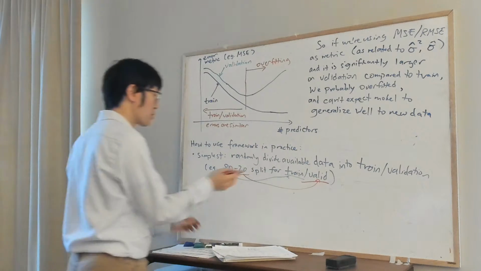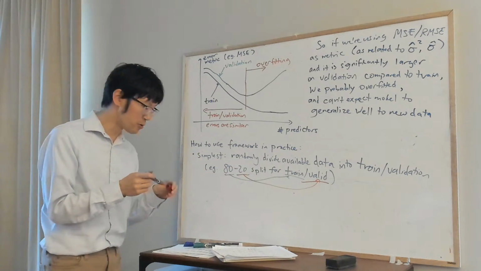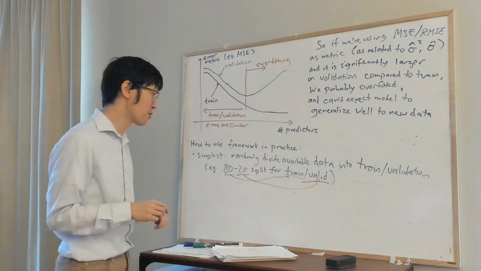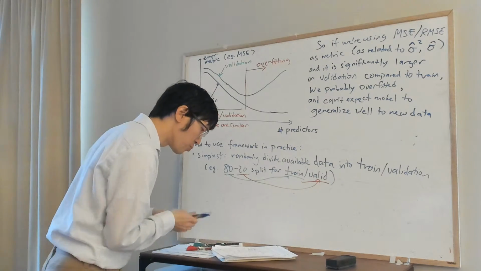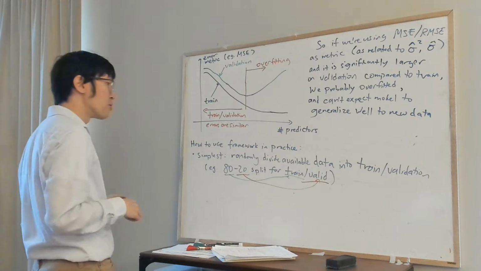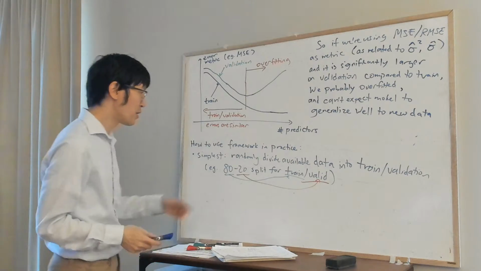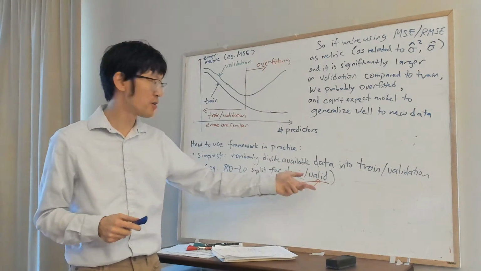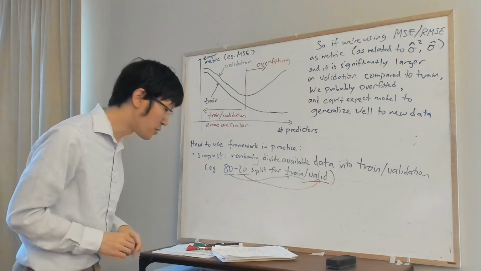Of course, this is just an example of a commonly used type of split, but by no means the only one we can do. So we randomly divide the data, then we fit as many models as we want on training data, and we can calculate the validation error for each of those models.